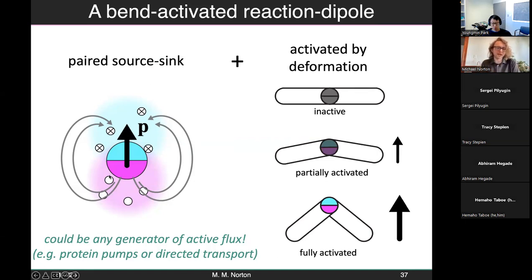And I'm drawing it here as a two-headed particle, right, where the products of one side are immediately consumed by the other. But really any kind of directed transport will get you this. And so I think a good example would be protein pumps, ion pumps, any kind of directed transport along filaments could also break this symmetry.